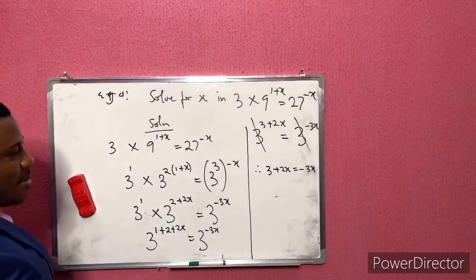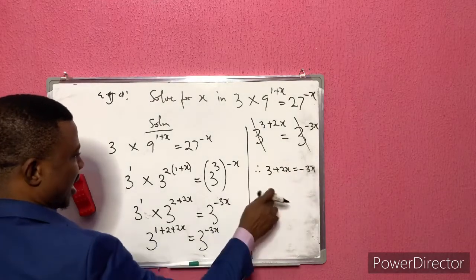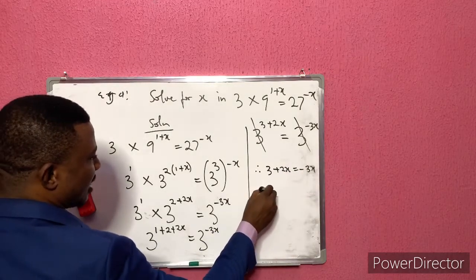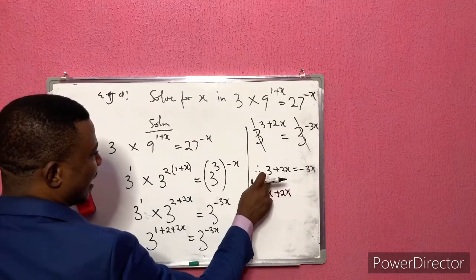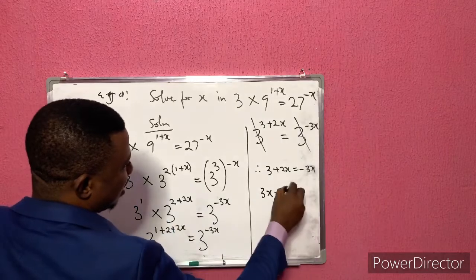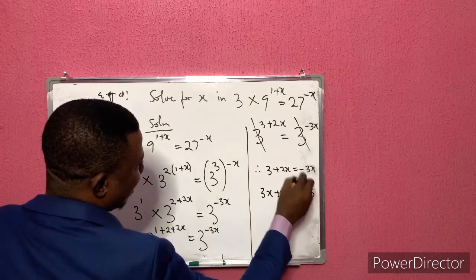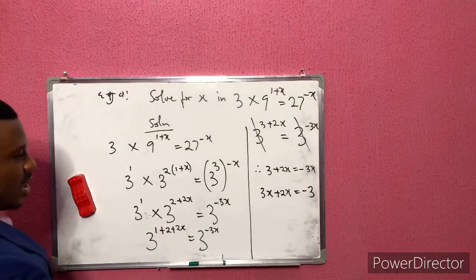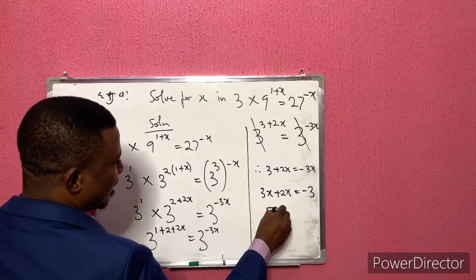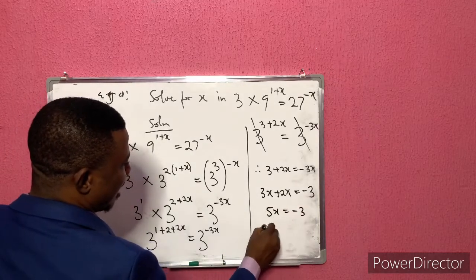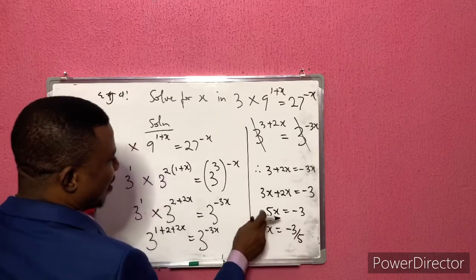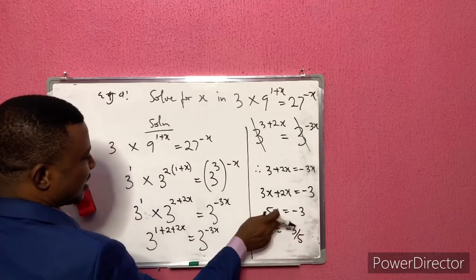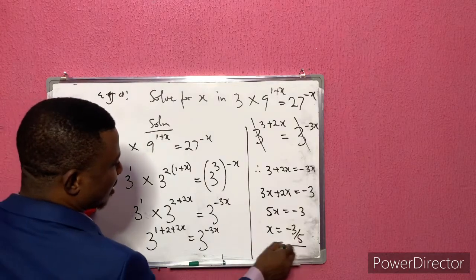We collect like terms. Let minus 3x come to this side, you have 3x and 2x is still here. When 3 goes to this side, you have minus 3. Collecting like terms, you have 5x is equal to minus 3. X is equal to minus 3 over 5, dividing both sides by 5 to make x stand alone. You have this answer.